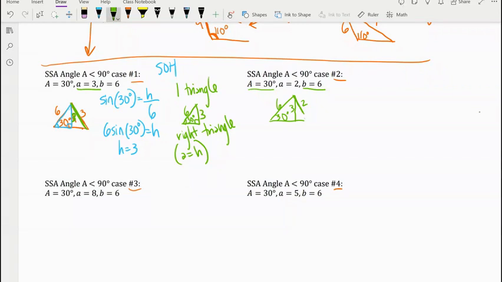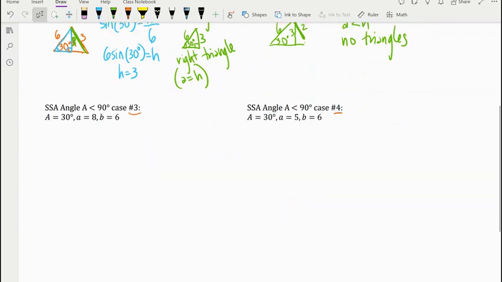So if A is less than the height, there are no triangles possible. If you solve for the height and your A length is smaller, then you can't create any triangles.